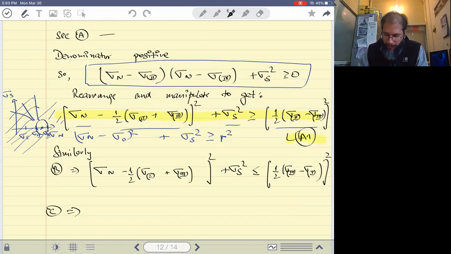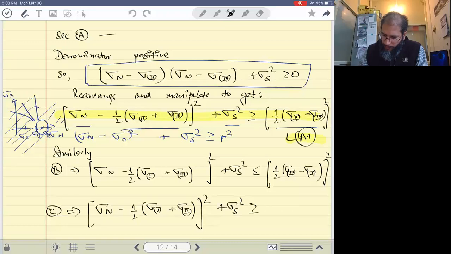So you simply have to do it yourself and you'll get that. And then the third one will give us, so we've got 1 and 3, we've got 2 and 3, so we've got 1 and 2 here.